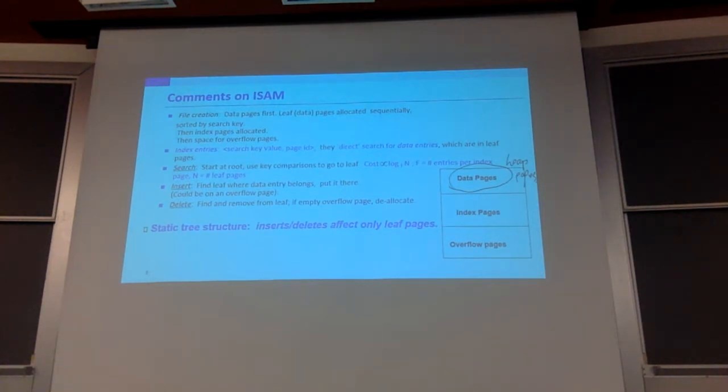So that means you have a clustered index here, and the way you build things is that you create one data entry for each of these data records and store them sequentially. Then you build on top of that another level of indirection, and also store them sequentially.